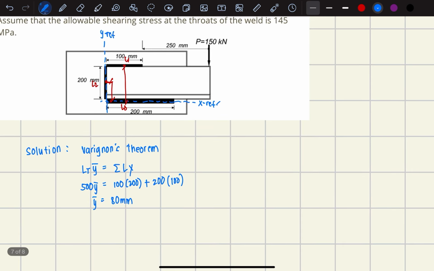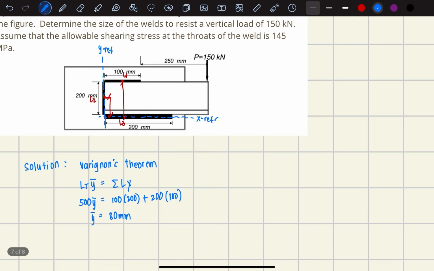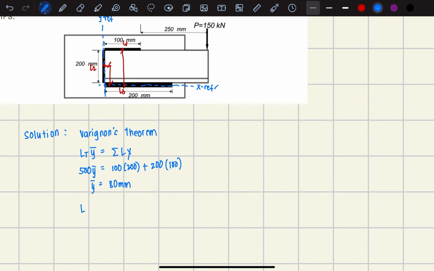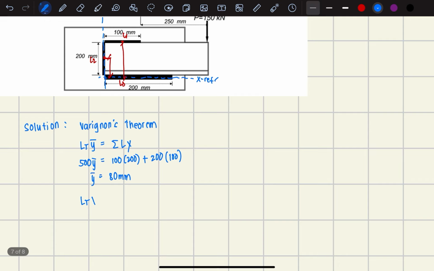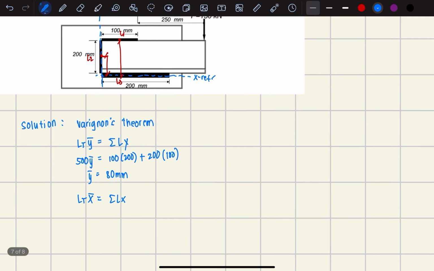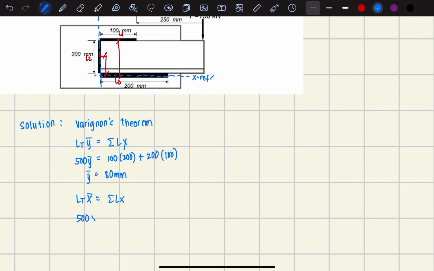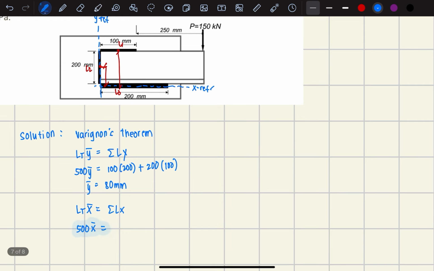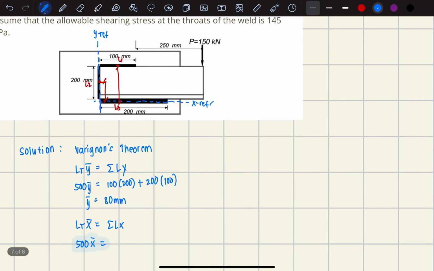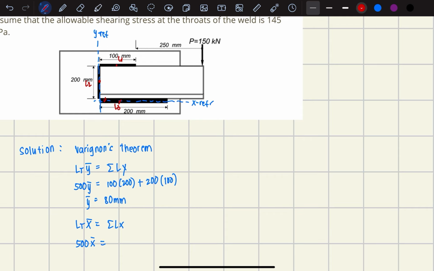Then, next is the X bar naman. So, yung X bar natin is total length times X bar equals summation L X. So, again, 500 pa rin yung total length times the unknown X bar equals the length times the X. So, sa L1 natin, ito yung centroid niya.